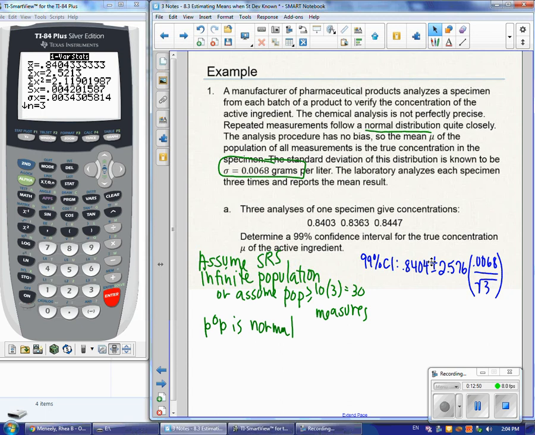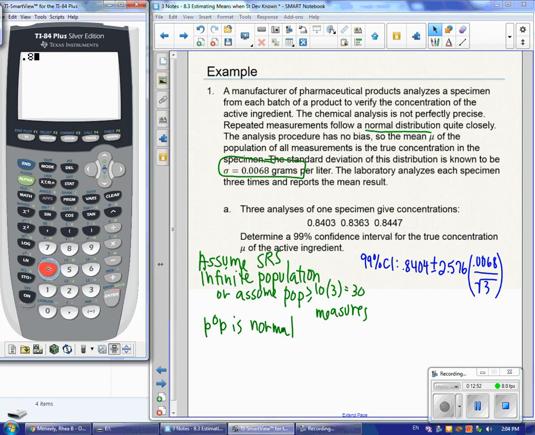To actually calculate it, I'm going to do the lower bound first, 0.8404, and I'm going to do my subtraction first, 2.576. And I'm going to multiply that by my standard deviation. In this case, it is a standard deviation of my statistic because I'm using the population parameter. So this is not a standard error. It is the standard deviation of X bar.